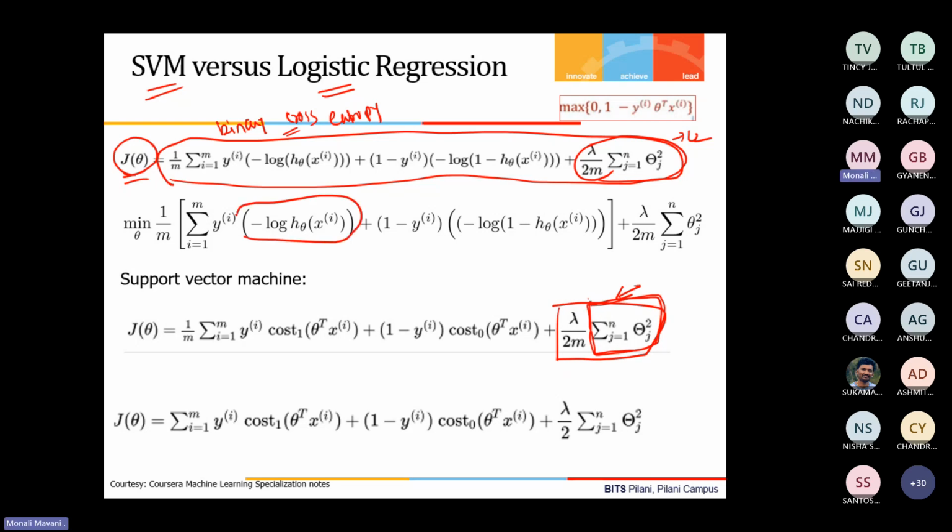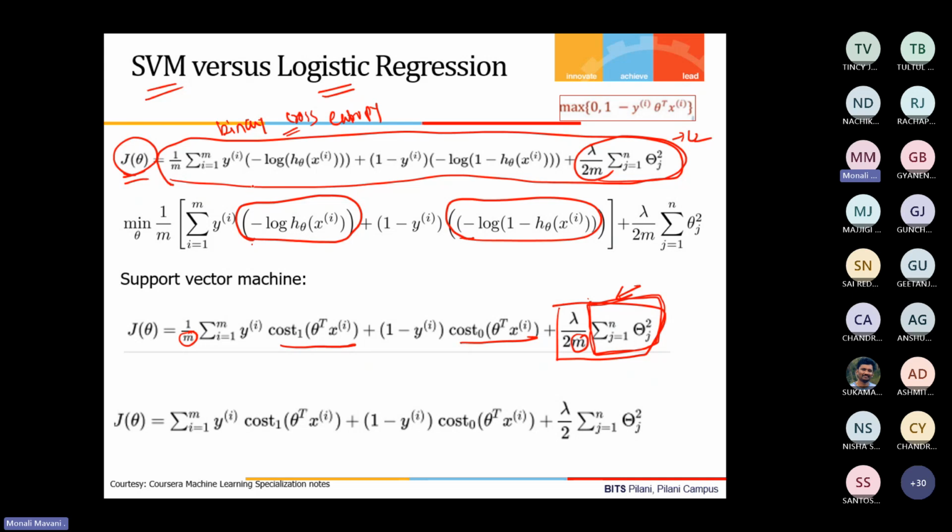This is the cost of the positive class. This is the cost of the negative class. It's a negative log likelihood. So rather than this, I'm writing cost of the positive class, which is cost of 1, and cost of the negative class is cost of 0. And then I'm getting rid of this 1 by m. For simplicity, we are getting rid of 1 by m. It's a constant.